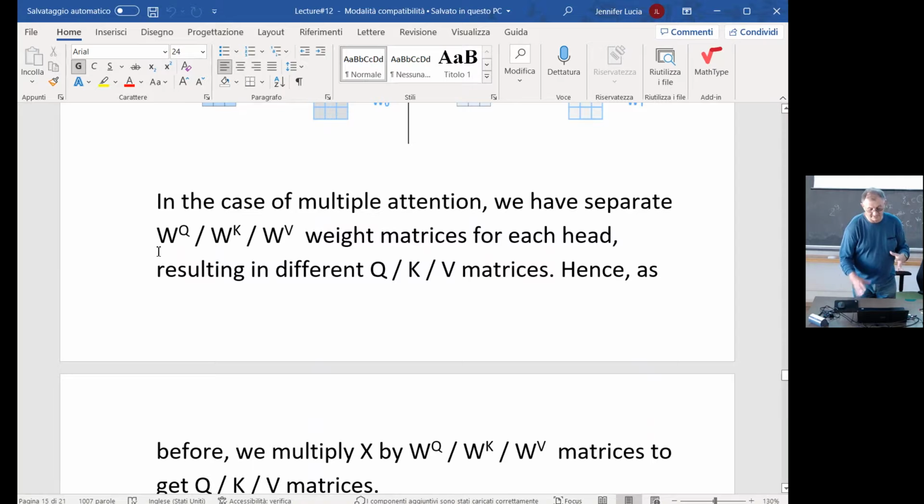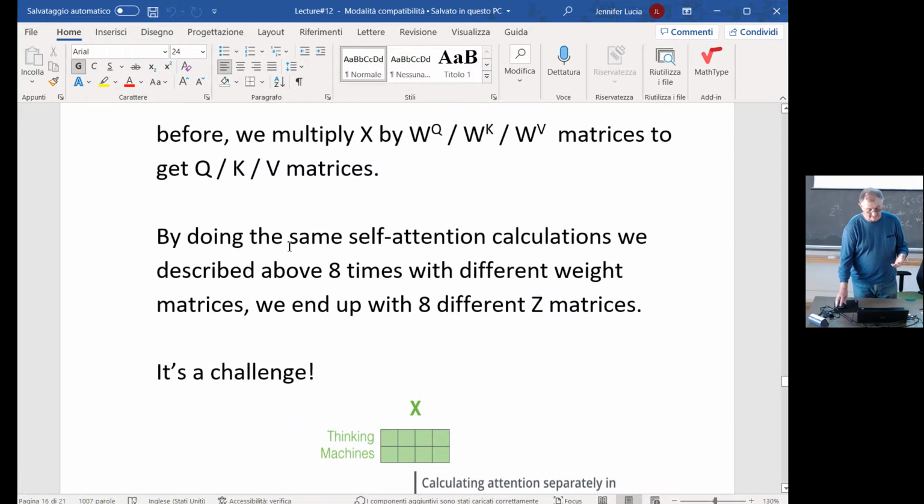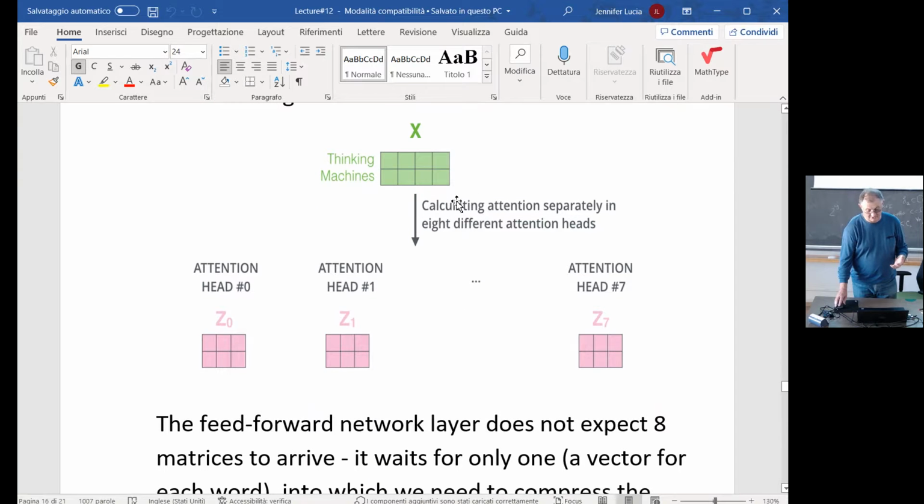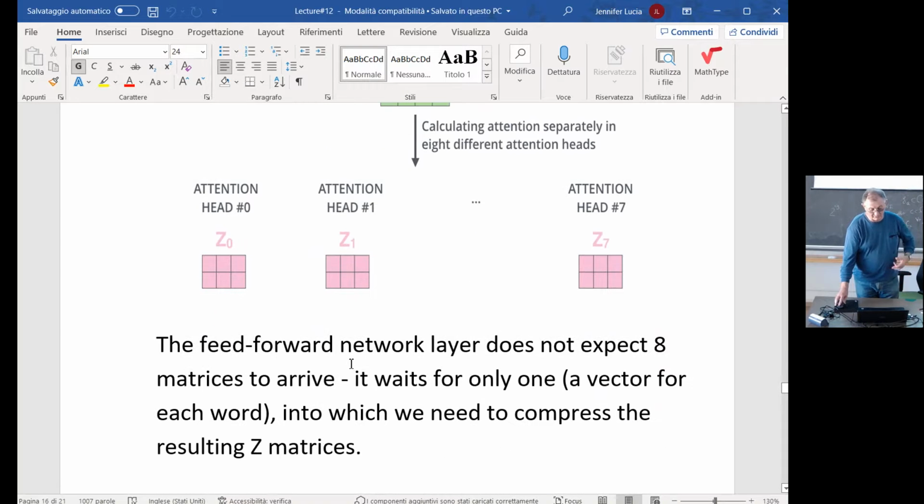So we have a set of different matrices and values, and it is a challenge. So we have Thinking Machines and calculate 8 different randomly chosen attention blocks. But the feed-forward network layer does not expect 8 matrices to arrive. It waits for only one, a vector for each word.